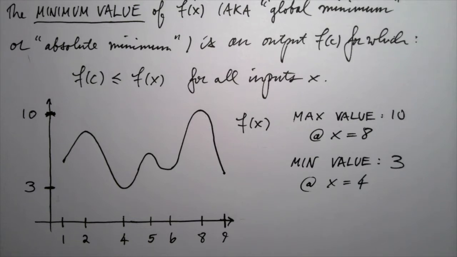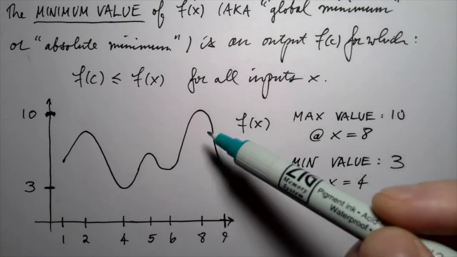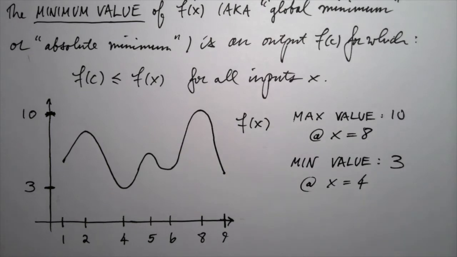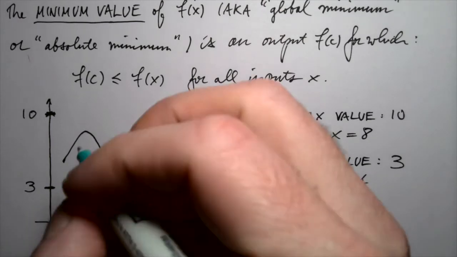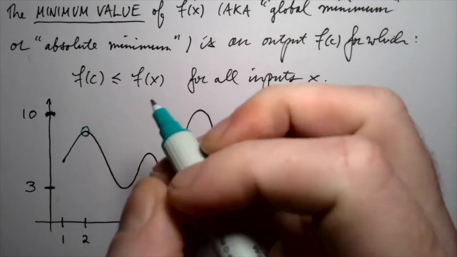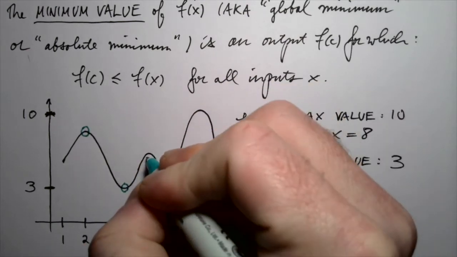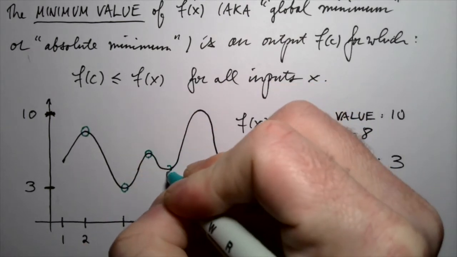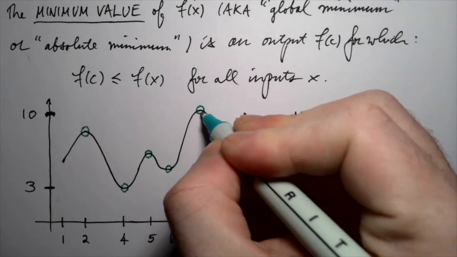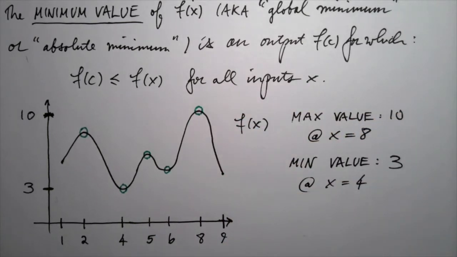So we're going to establish a procedure here where, supposing we don't have this picture, we don't know which is the biggest and smallest values, what we're going to do is we're going to analyze all of these points where the function turns around. These are called the local max and local mins, the local maximum and the local minimum.